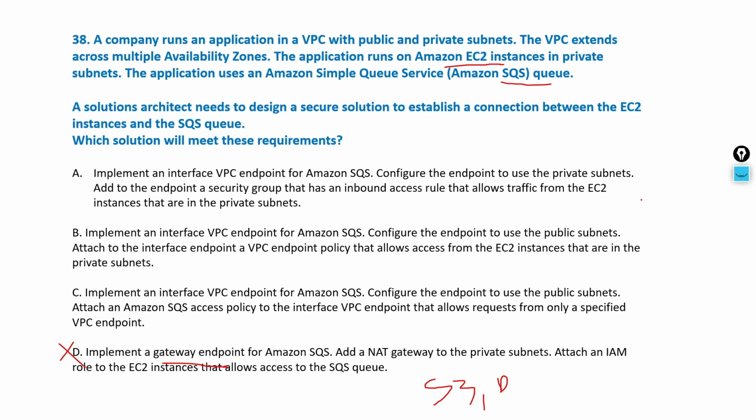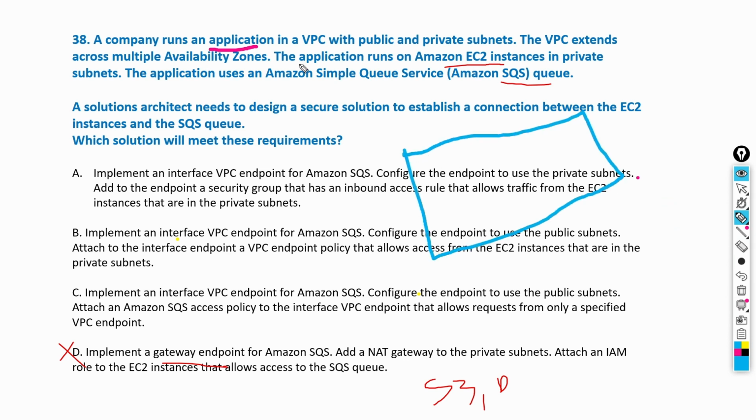Okay, let me draw a diagram here also. Let's clear this first. Here also it is similar. Suppose it has how many tiers? Public and private. This is public, this is private.